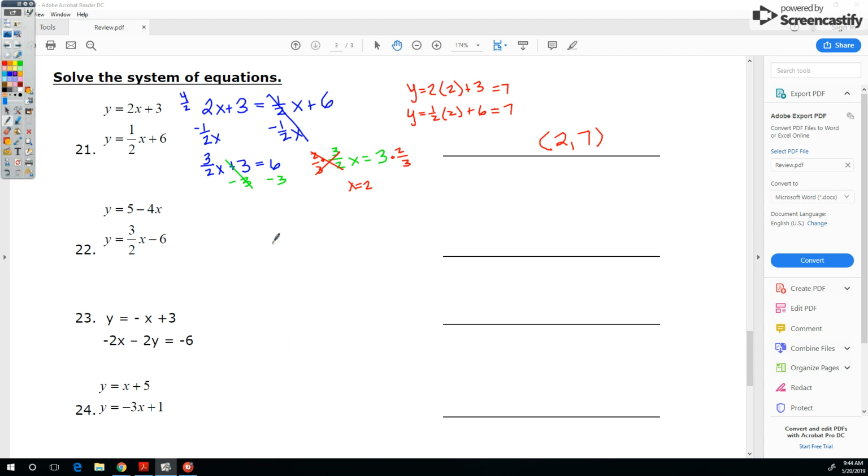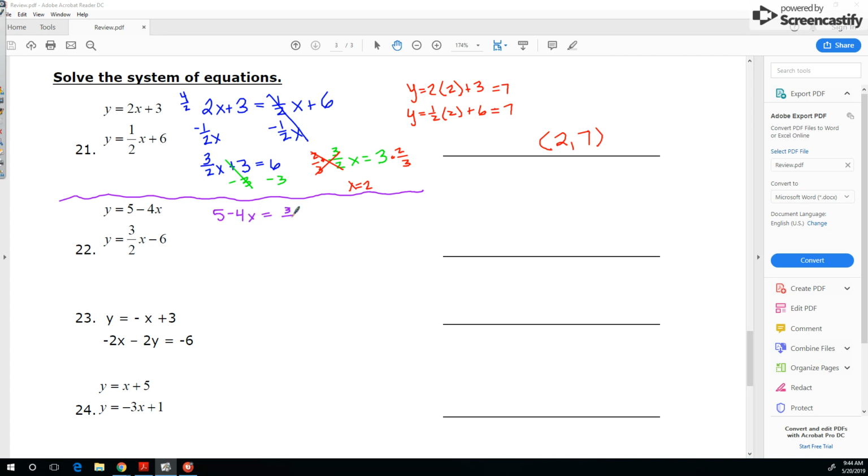Next equation, I'm going to take both of my expressions that are equal to y and set them equal to each other, and do the same exact process. This time, just because this is negative 4x, I'm going to add it to both sides just to jazz it up a little bit.